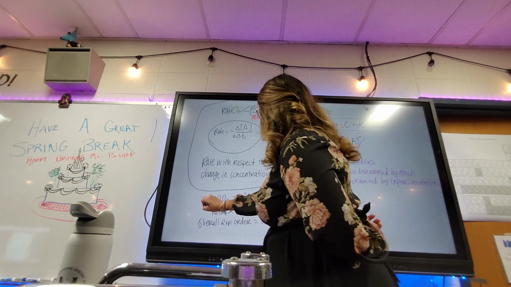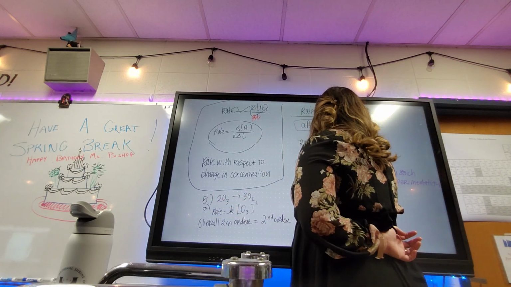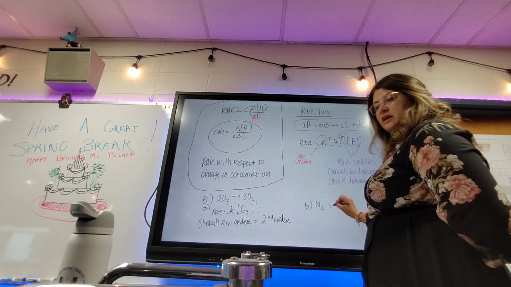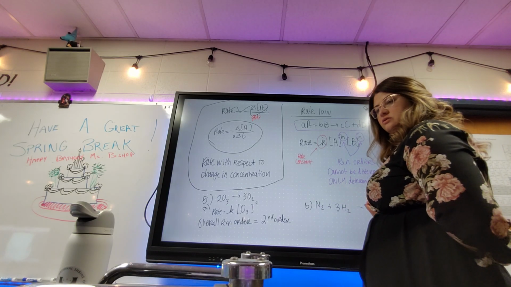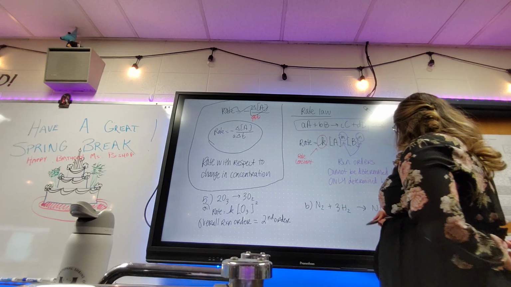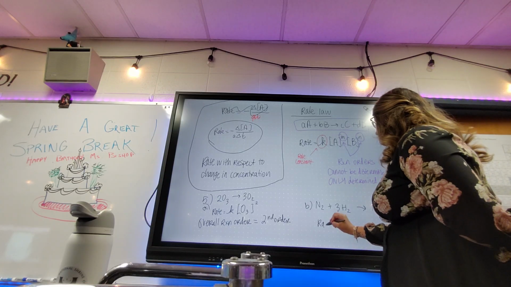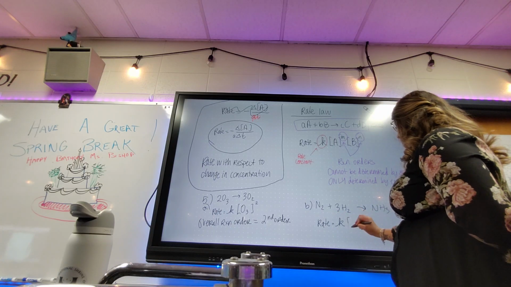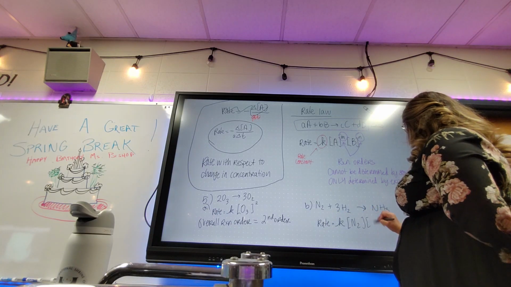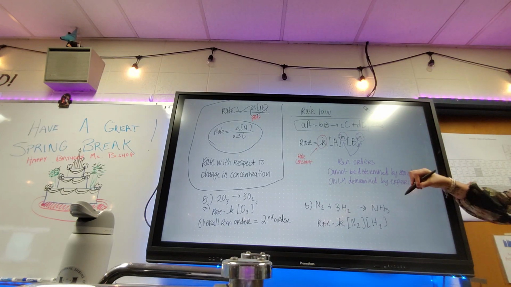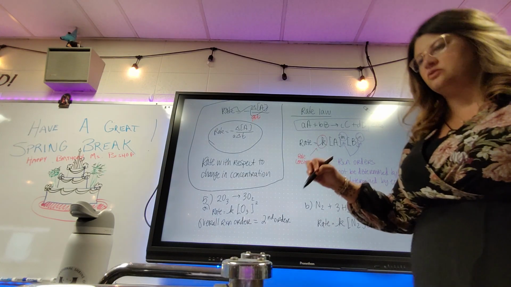Oops, this is A. For B, we have N2 plus H2 yields NH3. It asks us to write the rate law. I can set up the basic parts of it because it has to look like this. But now I'm going to go back into my problem and read what my reaction order should be.